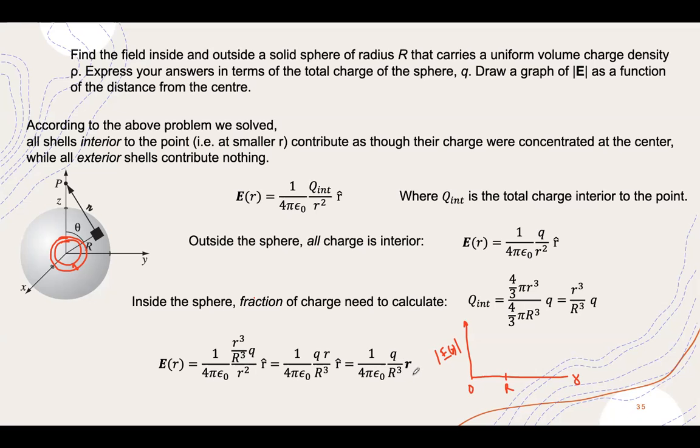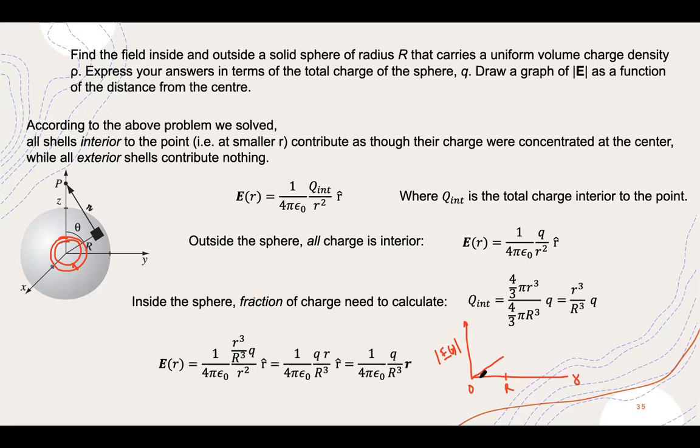Inside the sphere, that means from 0 to R, it is linearly proportional to R. You understand? So this is just the equation of a line. Up to R, it is going to look something like this, because these are constant factors. Yes, it increases, sir. I thought it was outside.